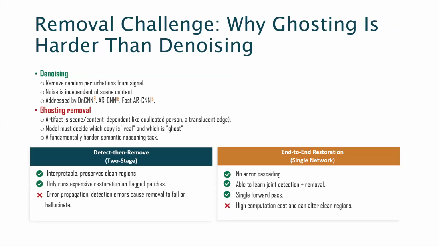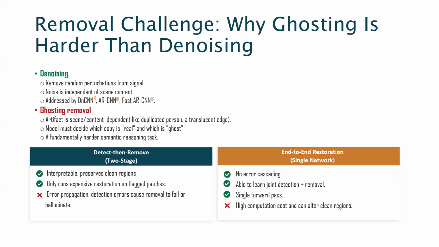Again, coming back to why the ghosting artifact is still harder than denoising, or why the ghosting artifact is a challenging thing. In the case of denoising, the removal of random perturbation from the signals is much easier, because denoising means we have to remove the noise that has just been induced or has come along due to the environment. But the problem with denoising is that the more you denoise the image, the more artifacts will appear. We have to maintain a balance.